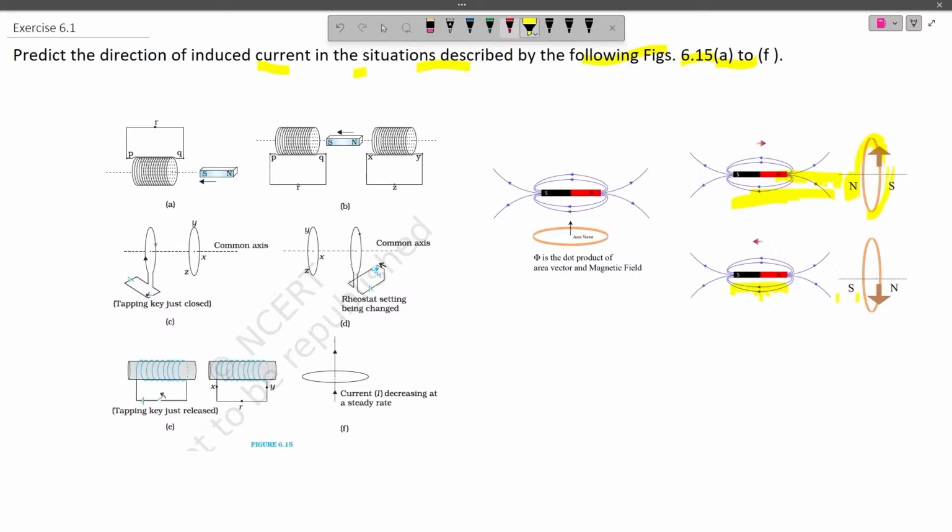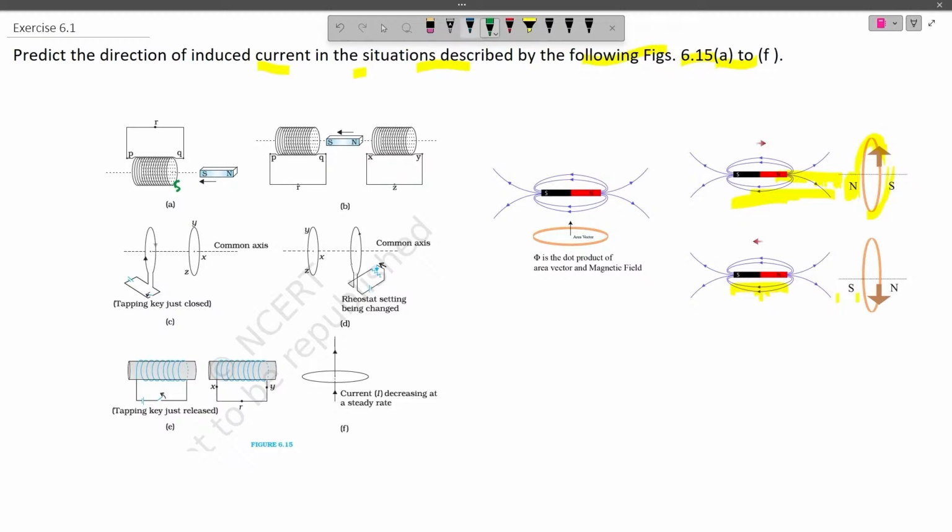So in the first diagram we see that the south pole of the magnet is approaching the Q side of the circuit. Since the south pole is coming near, the induced current will be such that a south pole will be created over here momentarily, so that the movement of the bar magnet will be opposed.